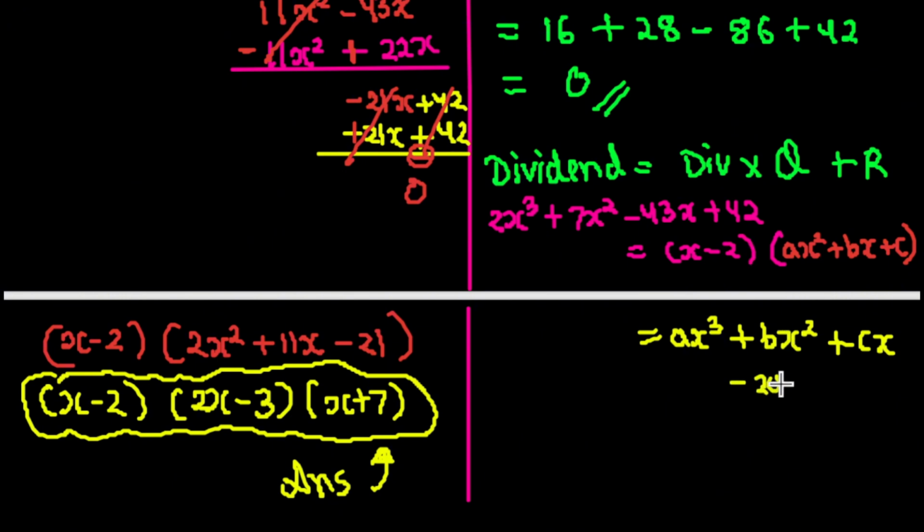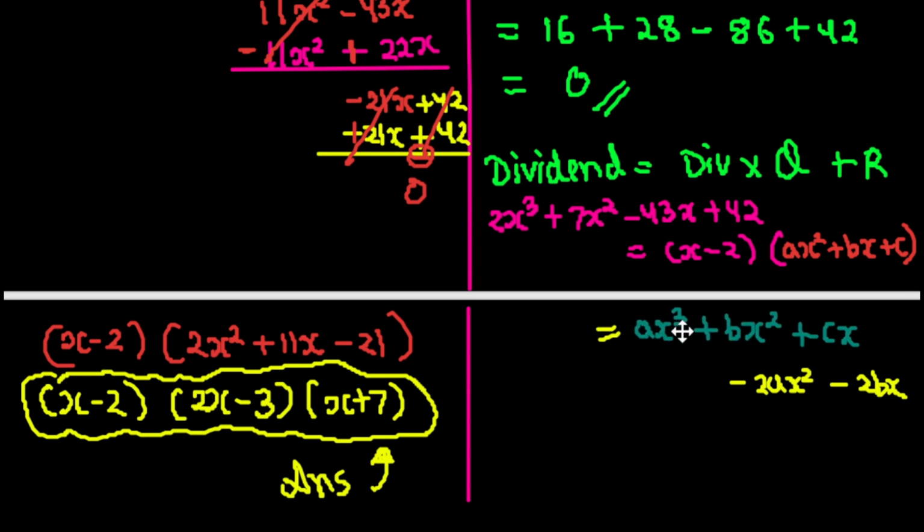So minus 2ax squared. Then there is going to be minus 2bx, and then there's going to be a minus 2c. Let me move them a little bit. I want them to be corresponding to the x, x, and x squared, x squared.